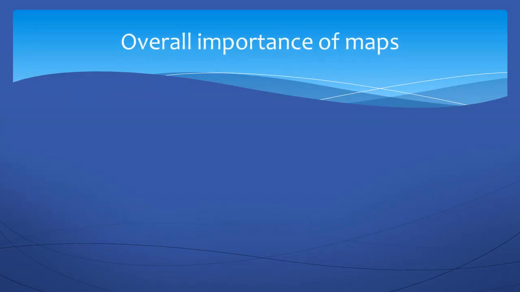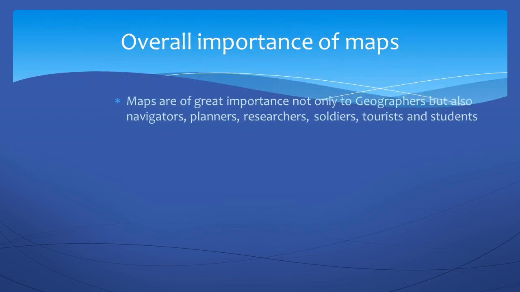Okay, students, what is a map and why is it important? Okay, a map is a drawing of a landscape. Do you think a map is important? Of course, yes.